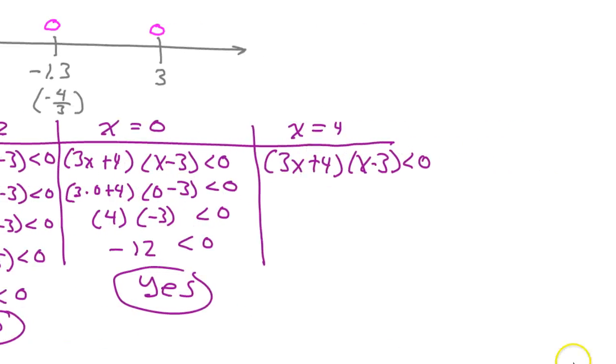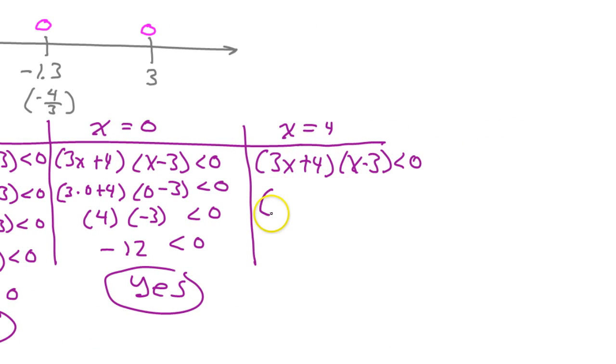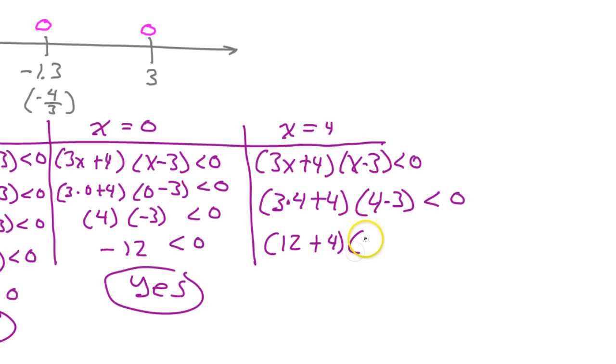And finally, we will check x equals 4. That would be 3 times 4 plus 4, and then 4 minus 3. So that would be 12 plus 4, which is 16, times 1.